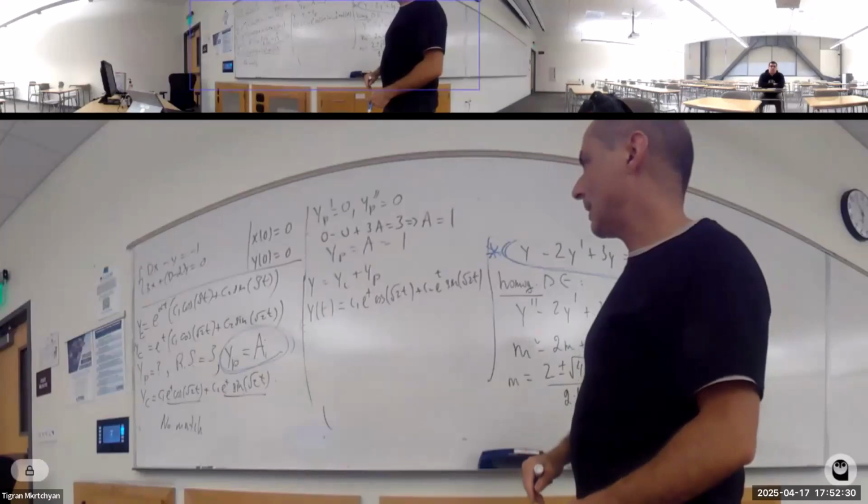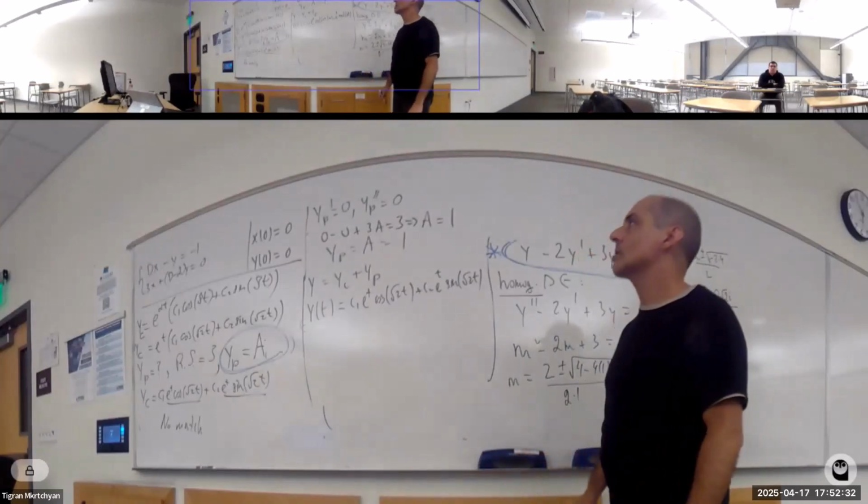Professor? Yeah, sorry, I got a little bit lost. When we did the derivative of yp, why did we get a 0? Because yp is equal to A, a constant. Okay. Thank you. Other questions?